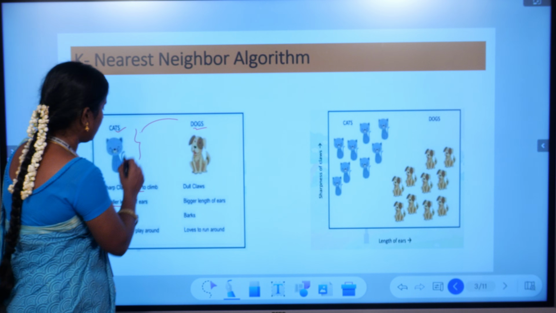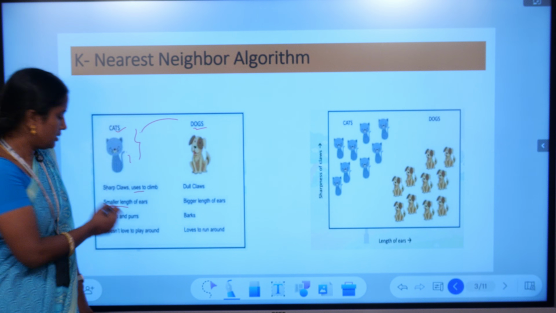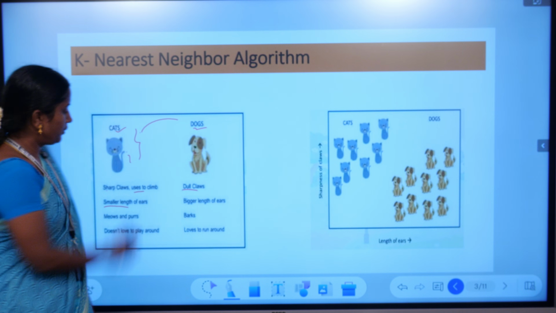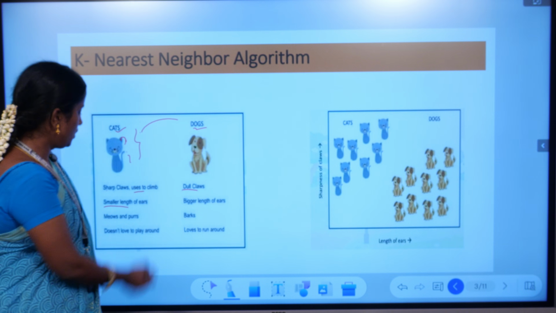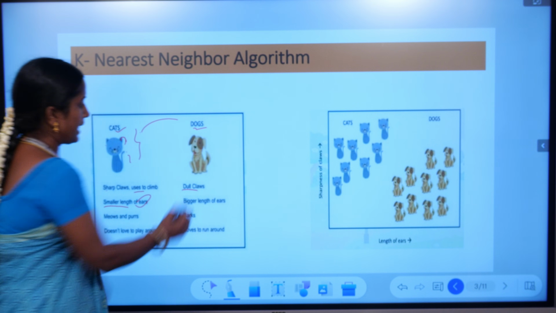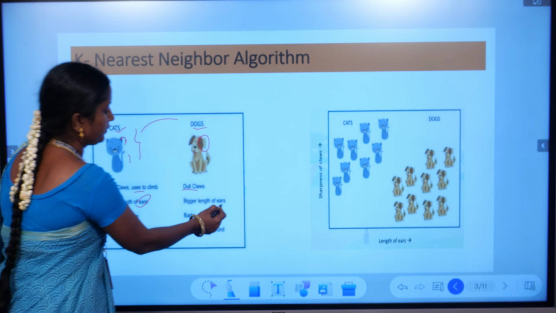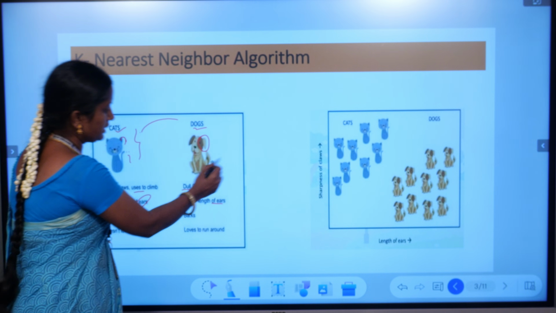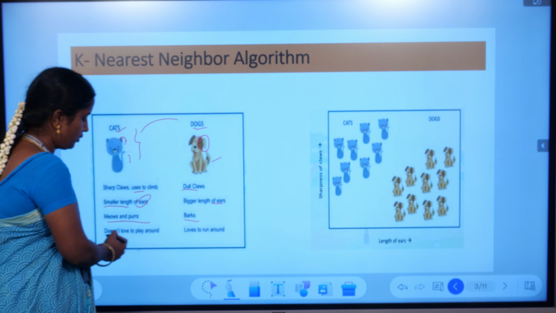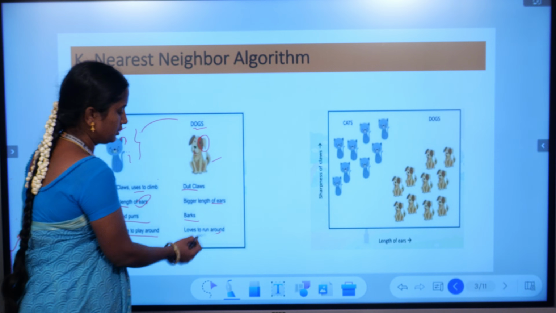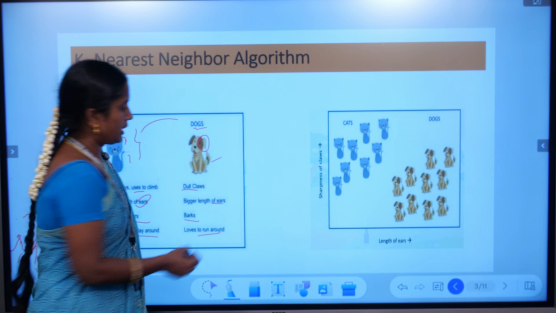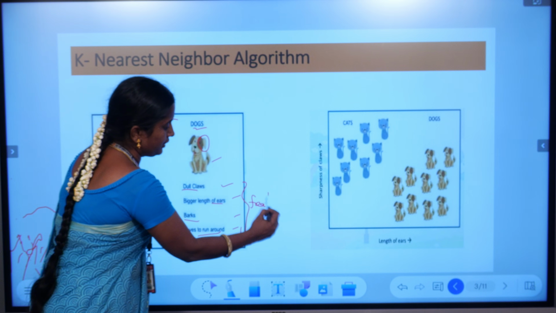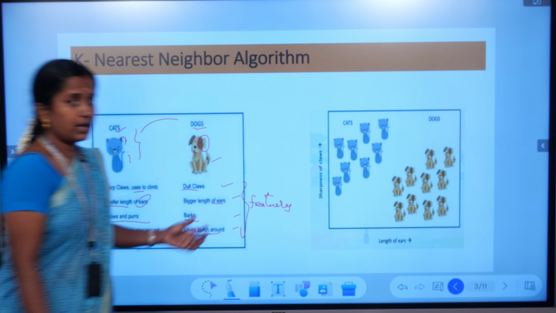When we compare the claws, a cat has sharp claws, whereas the claws of a dog are somewhat dull. When we compare the ears, a cat has smaller ears and a dog has larger ears. A cat sounds like meows and purrs, and a dog barks. A cat doesn't like to play around, while a dog likes to walk here and there. What are these parameters called? These parameters are called features.